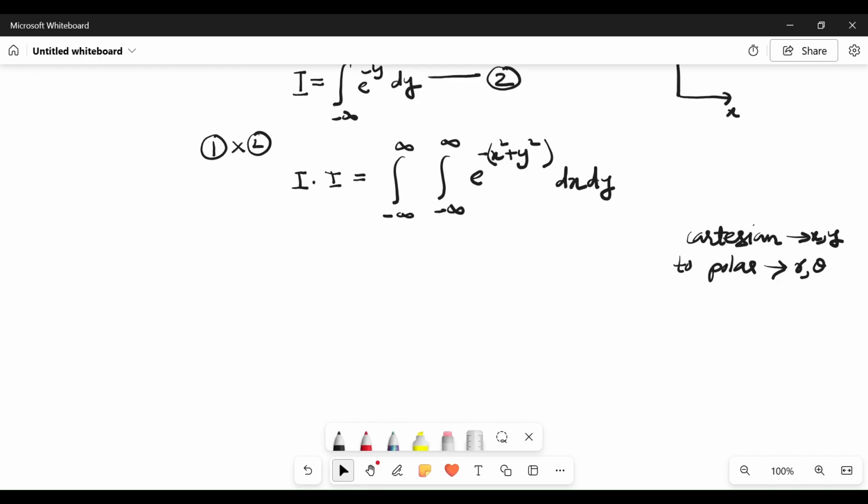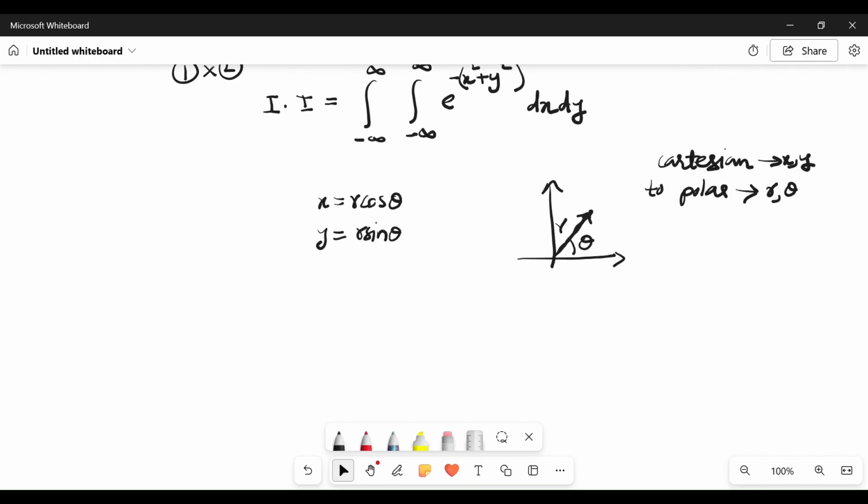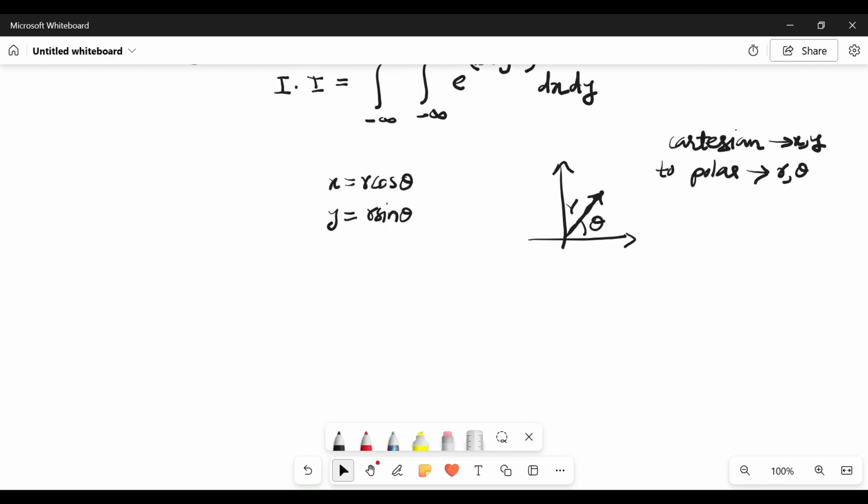You have to take it in such a way that x is equal to r cos theta and y is equal to r sin theta. Basically, in this coordinate system, a point is represented like this, where this is r and this is theta. If you square and add, you'll get x square plus y square is equal to r square.